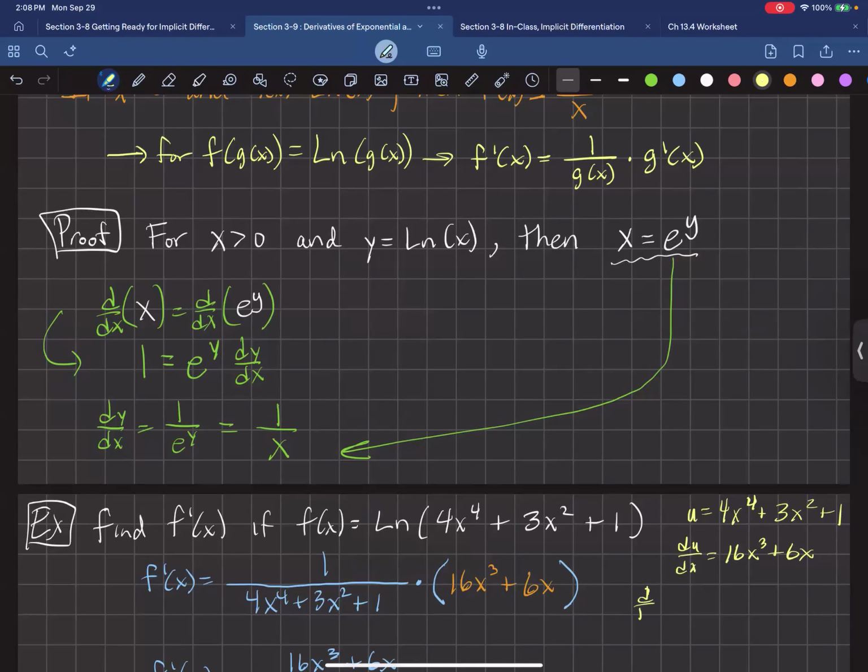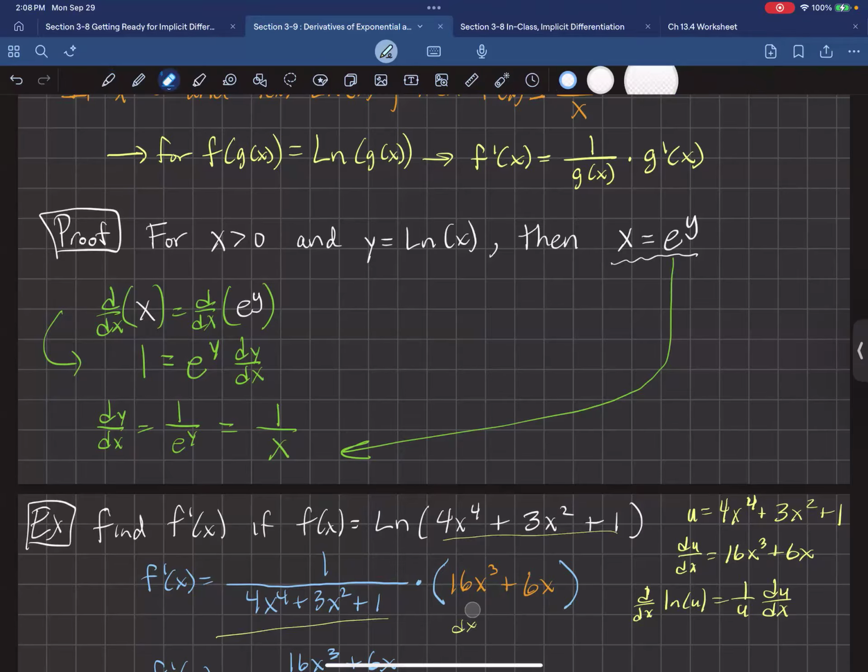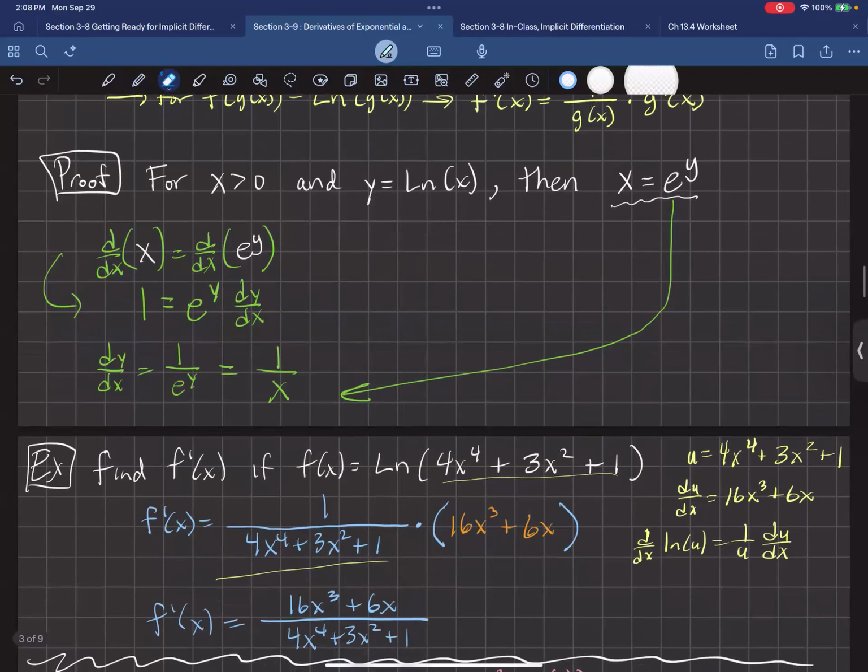And d dx of ln of u equals 1 over u du dx by the chain rule. That's what I've got here. You literally take what's in there, you put it on bottom, and then you take the derivative and multiply by it. So when we do that, we've got 16x cubed plus 6x on top. We've got 4x to the 4th plus 3x squared plus 1 on bottom. And we've got the derivative. Bam, done.